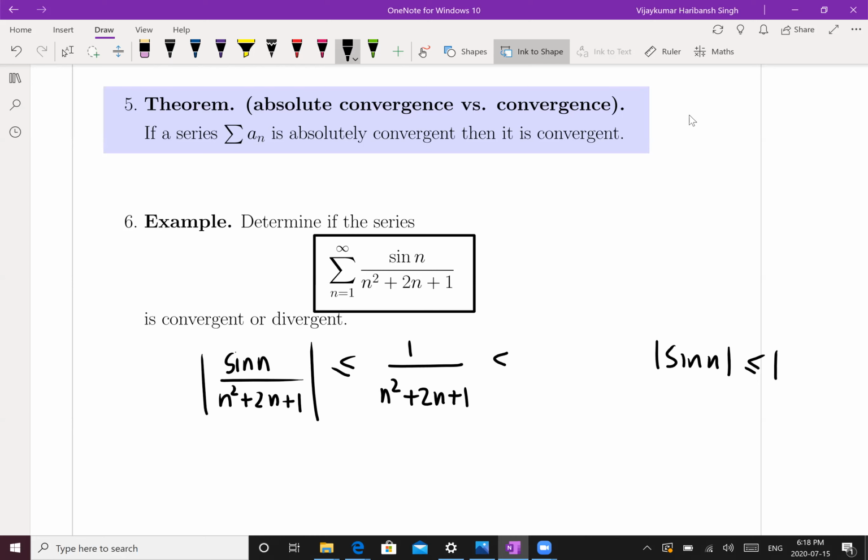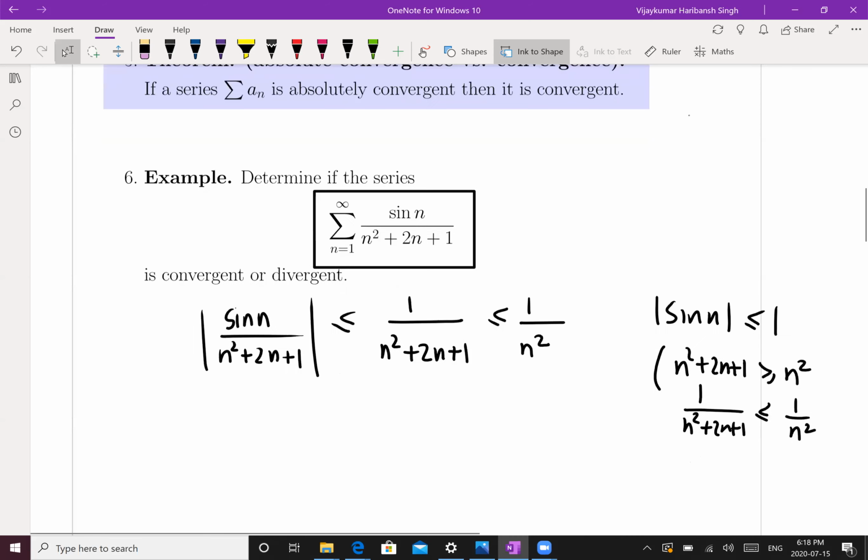And this can be seen to be less than or equal to 1 upon n square. Why is that? Because n square plus 2n plus 1 is greater than or equal to n square. If you take the reciprocal of these, the inequality flips.